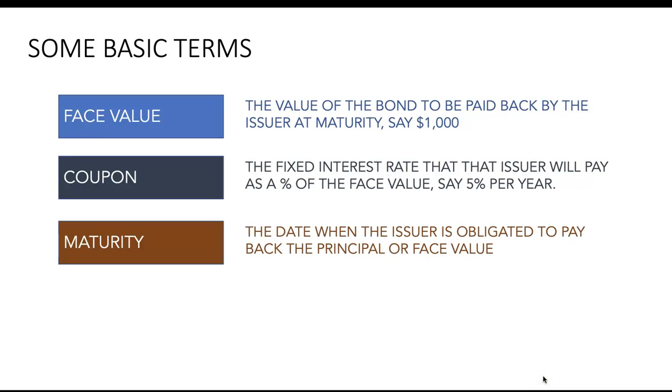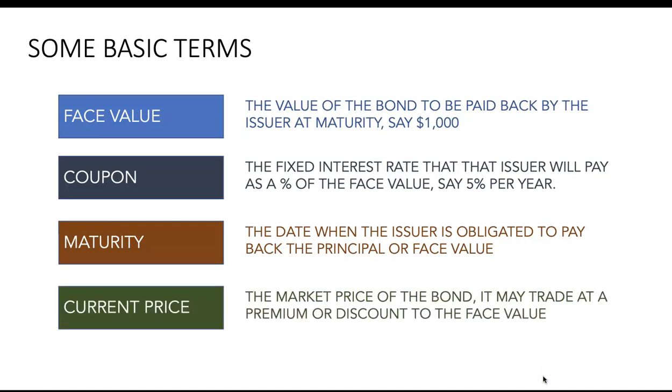Maturity. The date when the issuer is obligated to pay back the principal or face value. Current price. The market price of the bond. It may trade at a premium or discount to the face value.